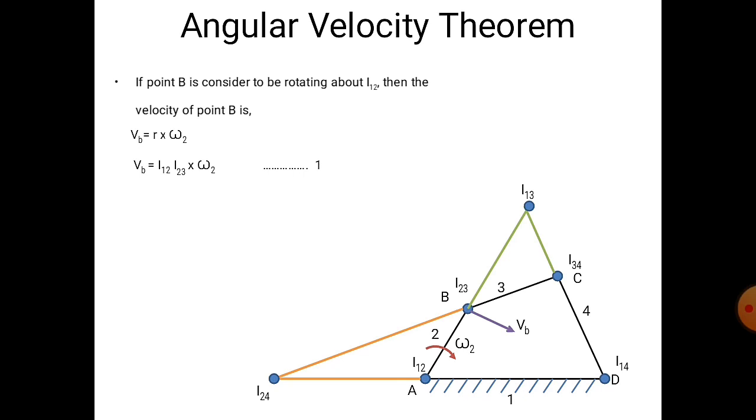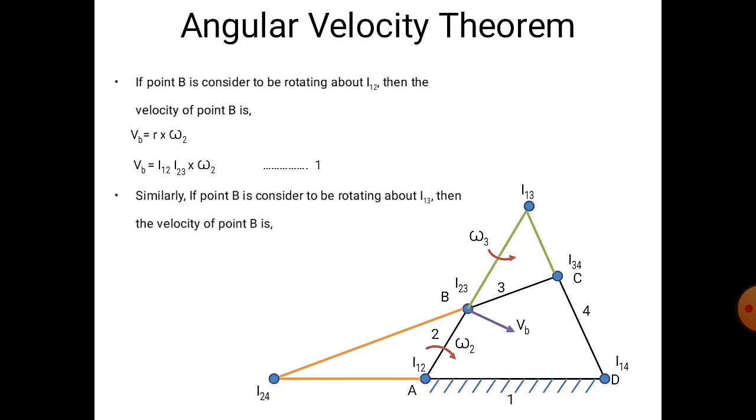If the point B is considered to be rotating about eye center I13, then the velocity of point B can be written as R into omega 3, where R is nothing but the distance between eye centers I13 and I23.